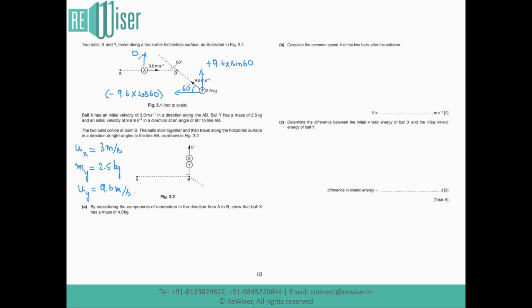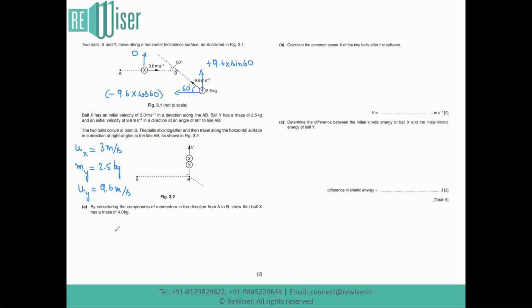So we understand from conservation of momentum that whenever there is a collision involved, as explained in the question, the change in momentum is 0, or the total momentum before the collision is always equal to the total momentum after the collision.